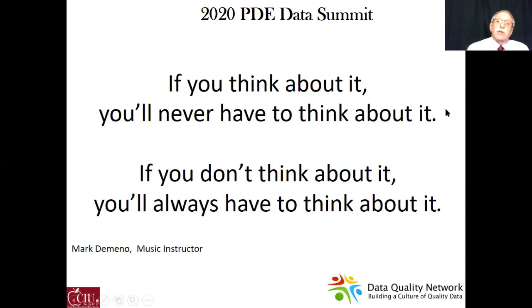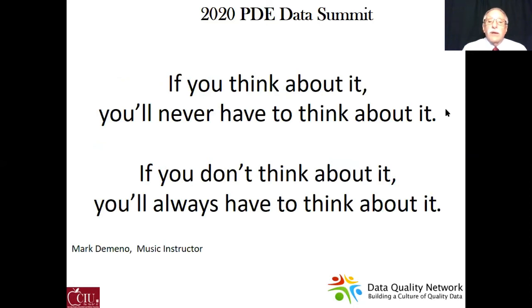I'd like to include this quote from a music instructor that I think is apropos here. That quote is, "If you think about it, you'll never have to think about it. And if you don't think about it, you'll always have to think about it." So the way I take this is that you need to know what you're doing. You need to think about what you're doing, commit it to memory so that it becomes automatic.